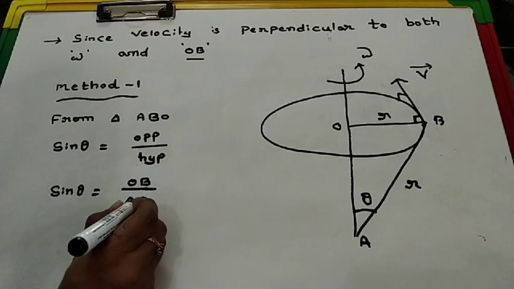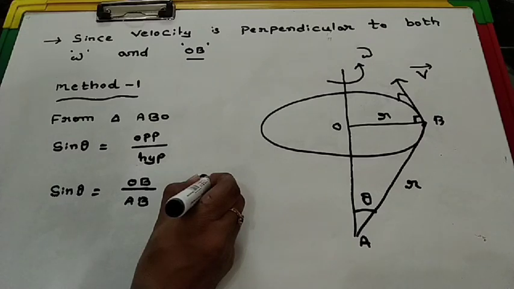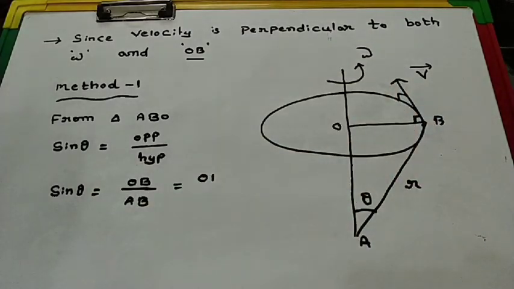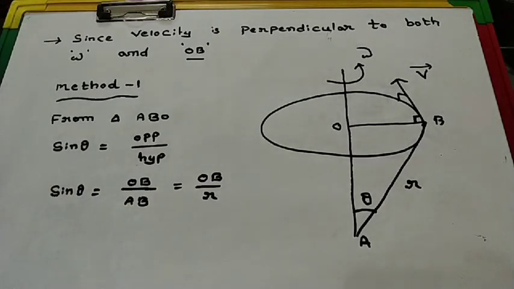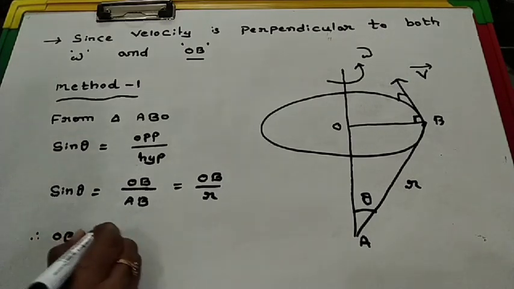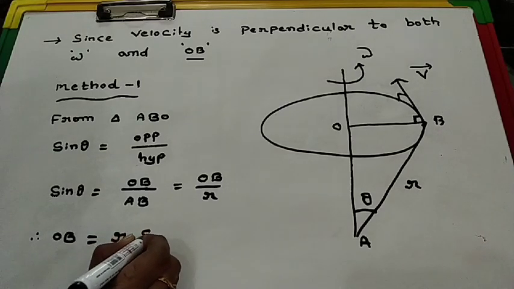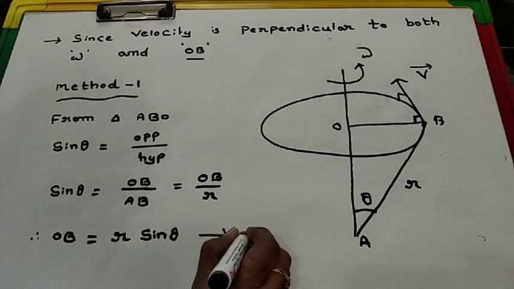AB, that is OB by small r. Therefore, OB is equal to r sin theta. Consider equation number 1.